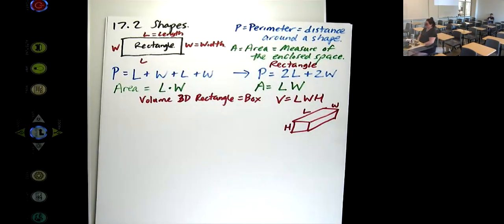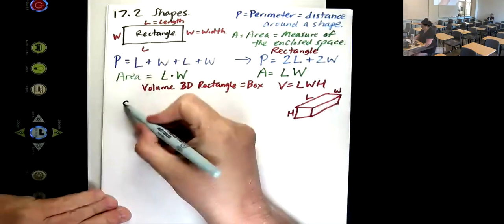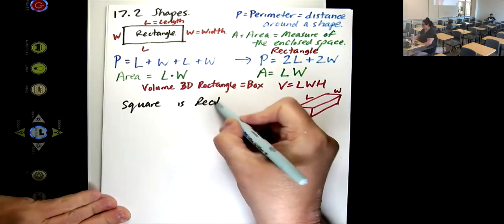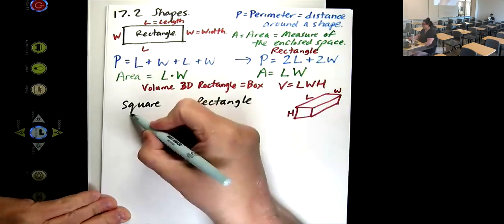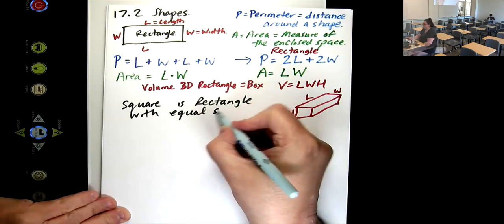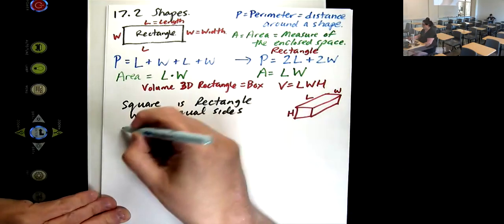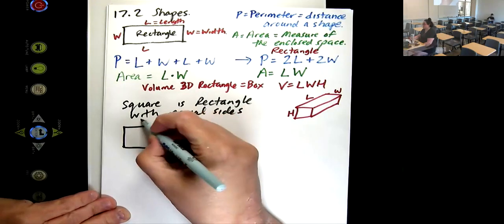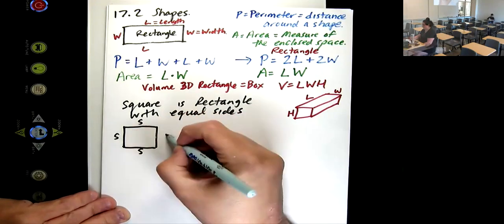A square. So a subset of the rectangles is the square. A square is a rectangle with equal sides. And we tend to use S for these, for side.